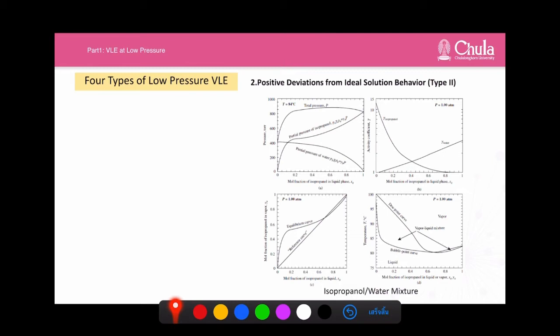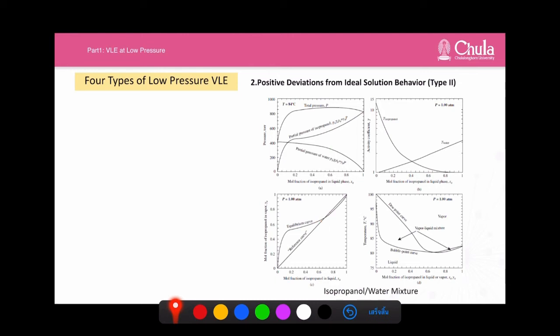So if we start from a solution with this composition and we use a distillation column to separate it, finally we get pure component here and solution here, because we cannot cross this point. We induce a new phase, and the new phase always has the same composition as the liquid phase, so we cannot cross this point.